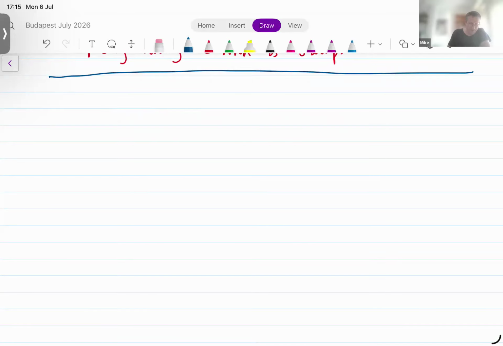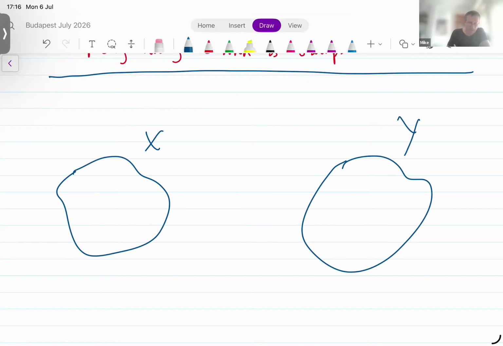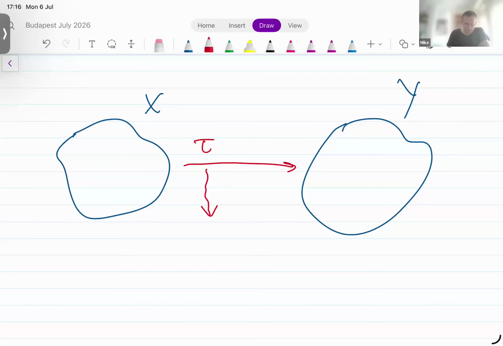We had our set X, we had our set Y, and if we had an embedding tau of X into Y, then from tau we could get many new maps of the form psi, let's say, j vector inverse tau phi I vector.